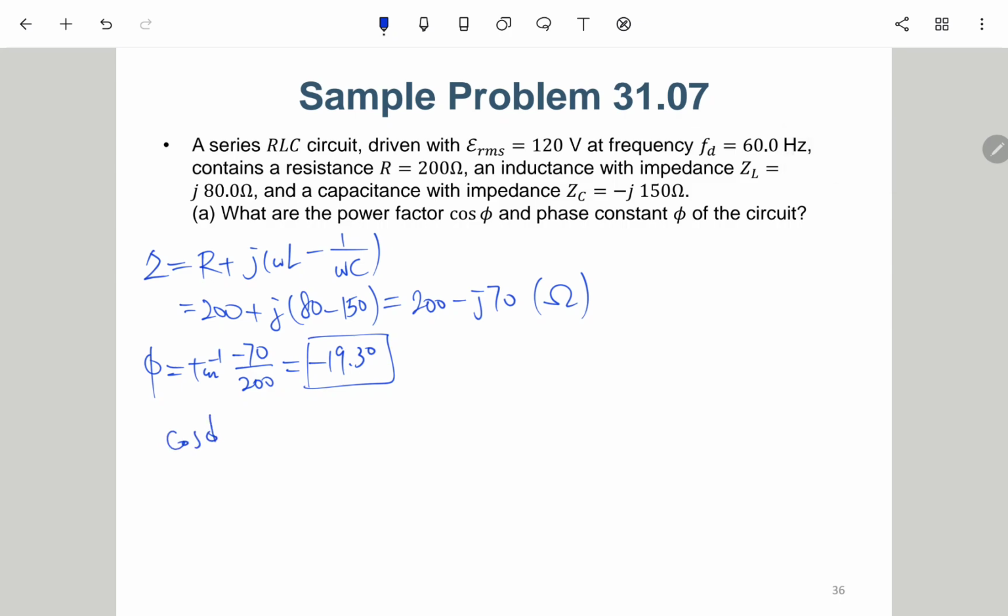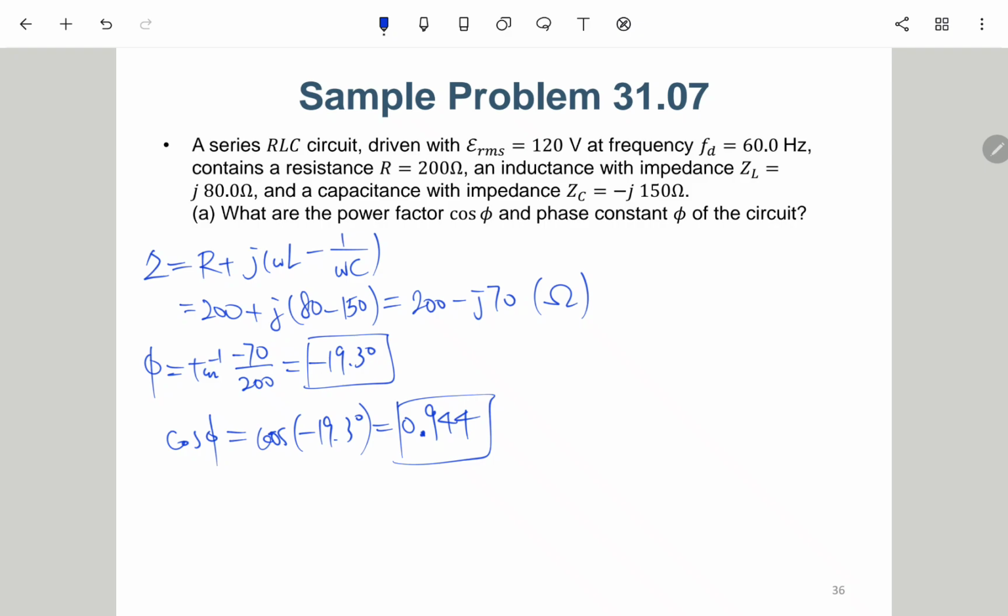And the cosine of phi, the power factor, will be cosine of negative 19.3 degrees, which is 0.944. This is the power factor. And the phase is negative 19.3, which means the current and the voltage have a 19.3 degree phase shift between them.